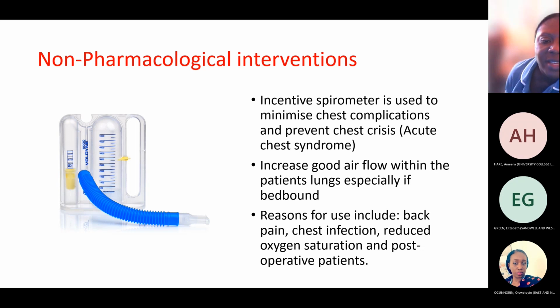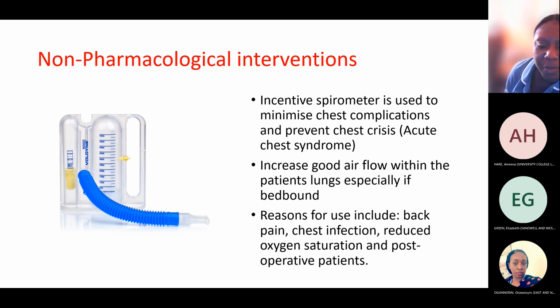It also provides increased airflow within the patient's lungs, especially if the patient is bedbound. The reasons we use it are back pain, chest infection, reduced oxygen saturation, and sickle cell patients who come out of post-op. It's a very good tool and it really helps allow airflow into the lungs for our patients.